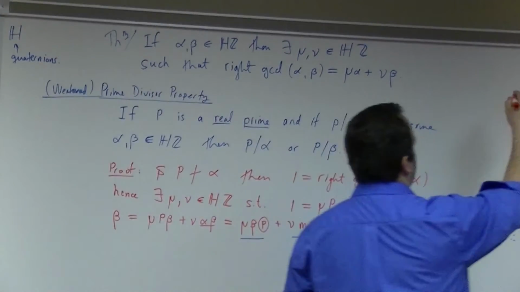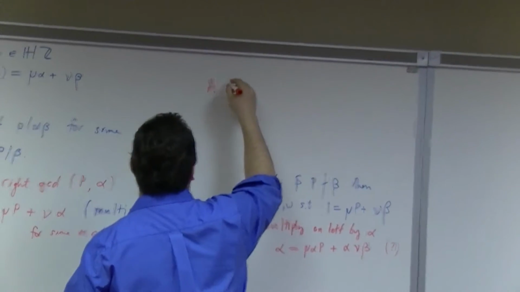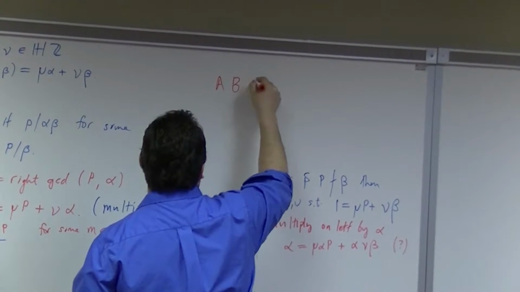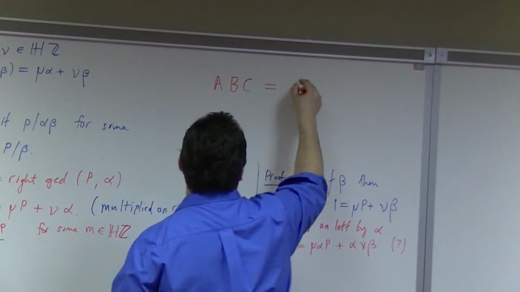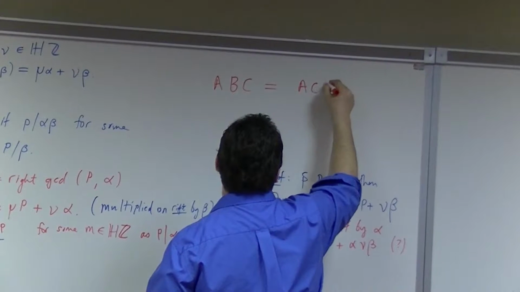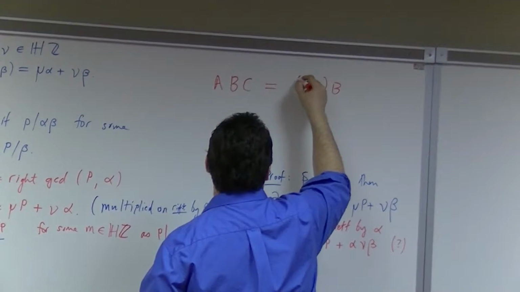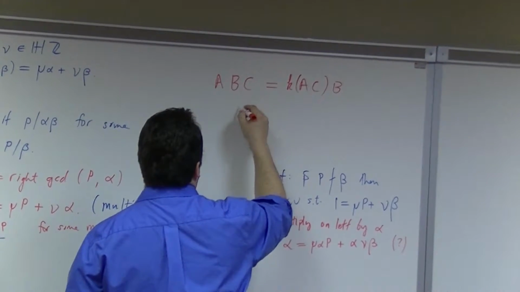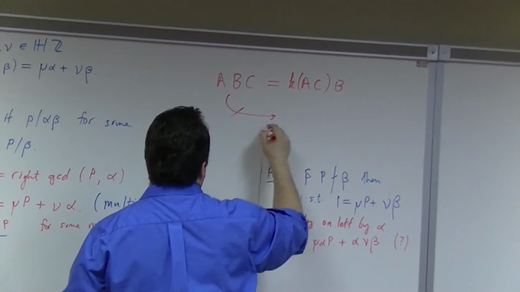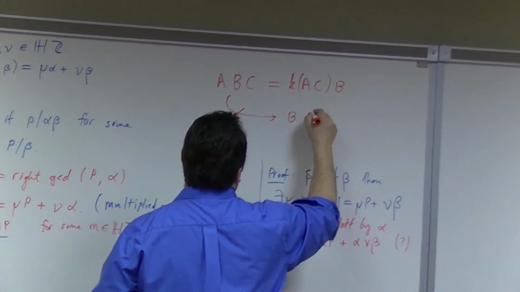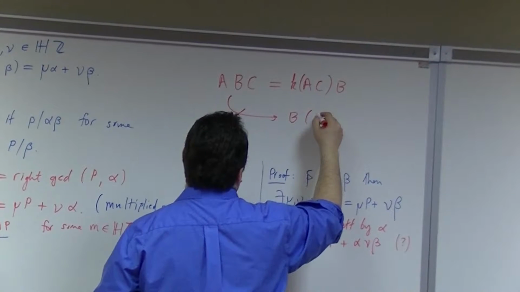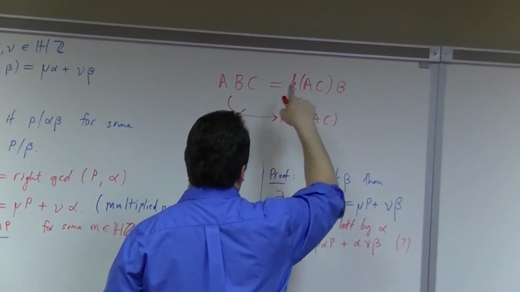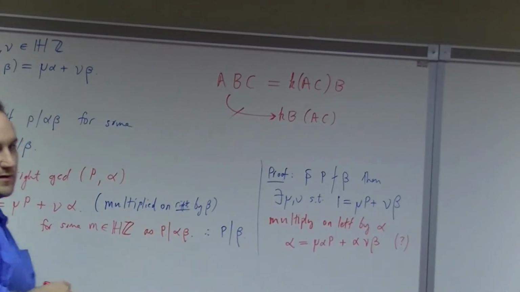For example, if I have some matrix product like ABC, it may be the case that I can write this again as ACB, and maybe some constant, whatever. But it may not be possible to write it as B times AC times some constant, whatever. We can allow for a plus or minus or some constant, generally speaking.